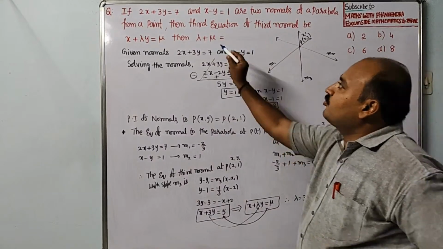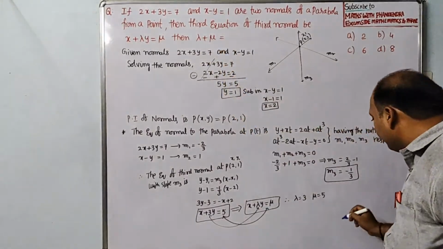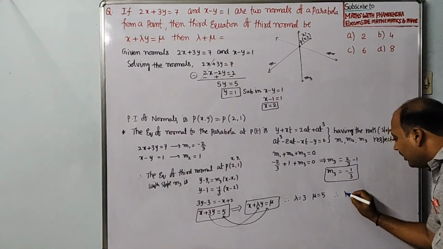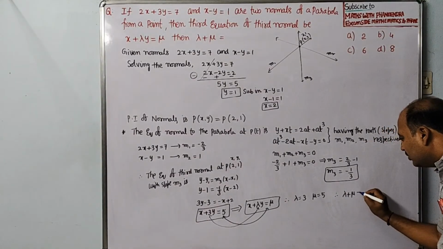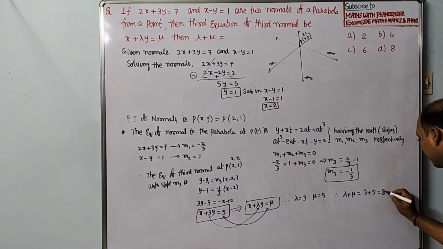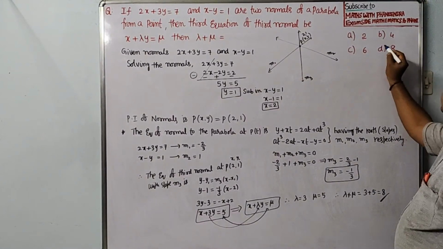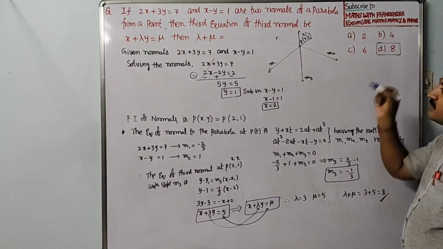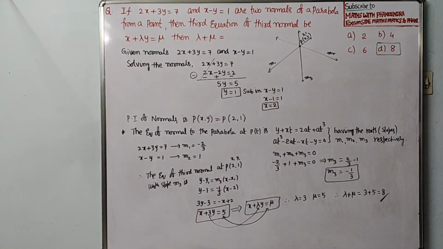So they are asking to find lambda plus mu. Therefore lambda plus mu equal to 3 plus 5, which is equal to 8. It is there in the fourth option, dear students. I hope you understand.